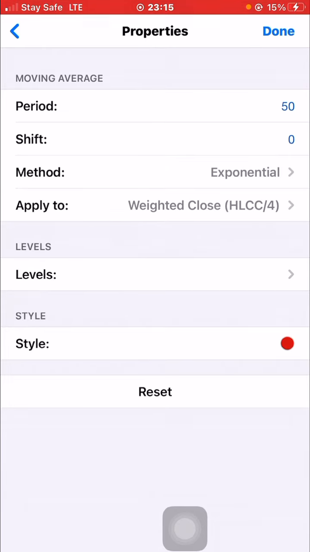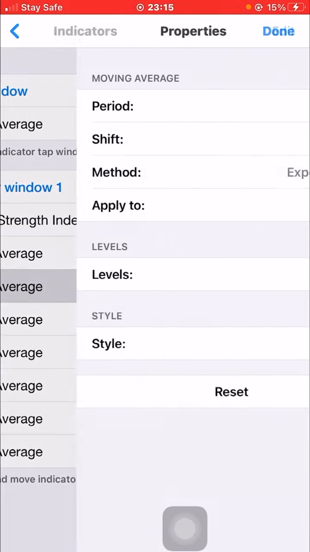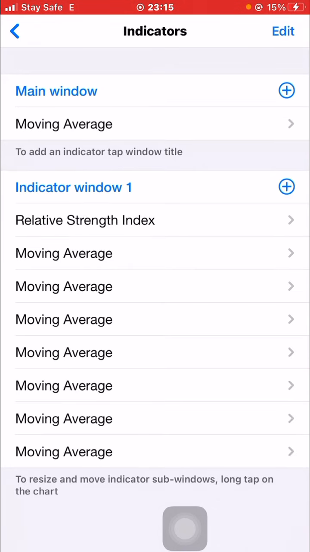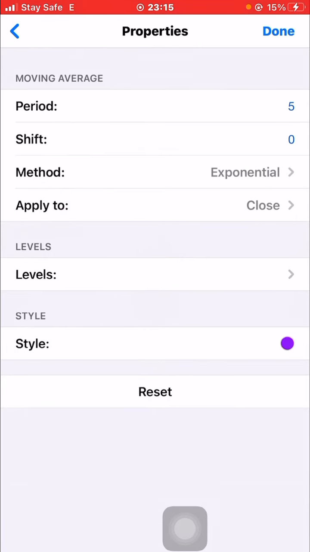Then the next moving average is the 3-period moving average, shift 0, method exponential, applied to close, style pink. Then the next one is moving average period 5, shift 0, method exponential, applied to close. You can use any color you want.